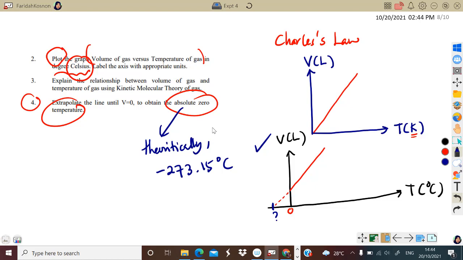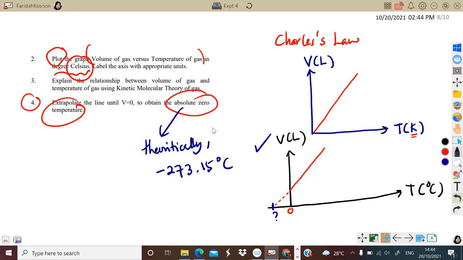Jadi yang ini maksudnya kita kena lihat macam mana Charles' law tu kita nak explain dia menggunakan kinetic molecular theory of gas. Jadi yang ini sebenarnya saya dah ajar lah dalam kuliah. You cuba buat dulu, nanti kita bincangkan waktu post lab. So semua ni, graf ni semua nanti kita akan bincang waktu post lab.